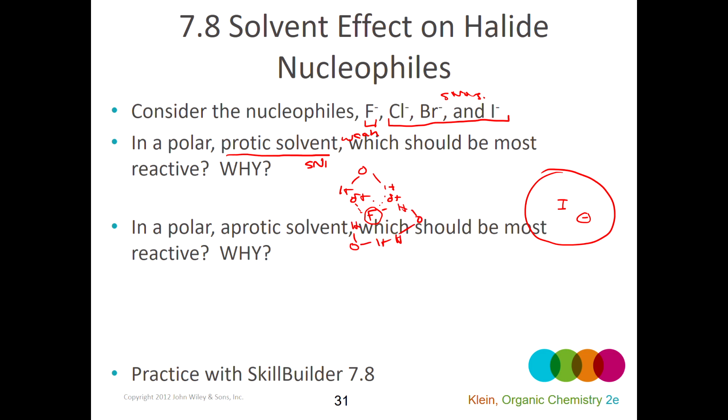It would have to shake off that solvent shell to get free and to collide with an electrophile and push out a leaving group. So the smaller halides are less reactive in a protic solvent because it forms really nice attractions and prevents the halide from getting free to act as a nucleophile.